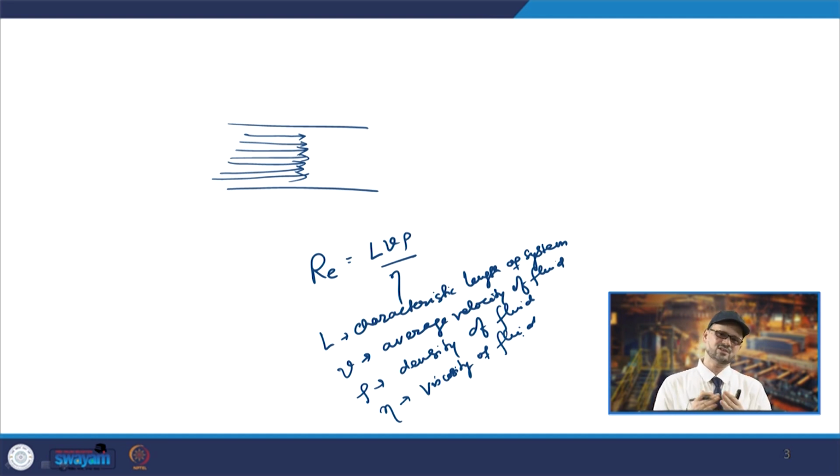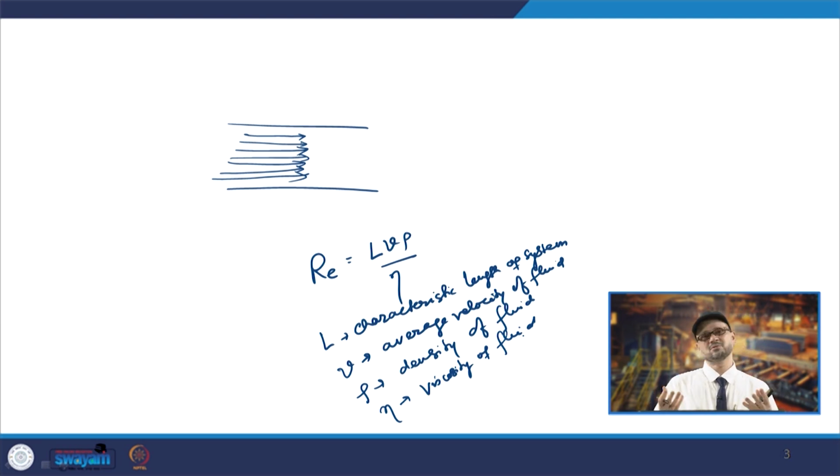So, there will be a transition from laminar to turbulent, defined at a limit of this number, the Reynolds number. For pipe flow it is given by 2100.